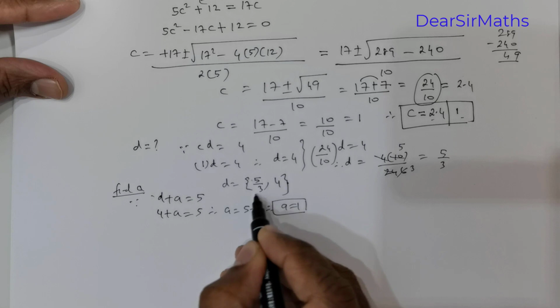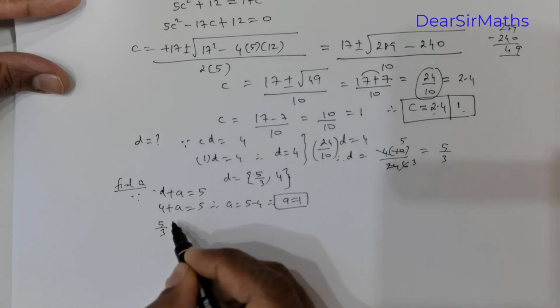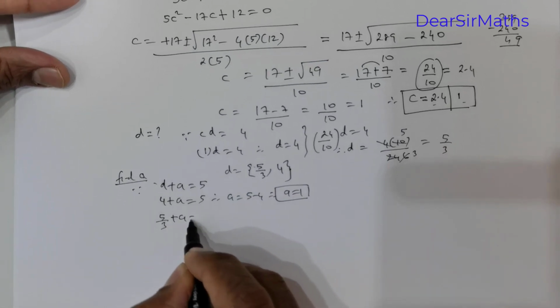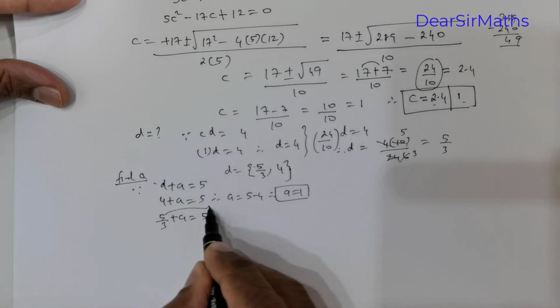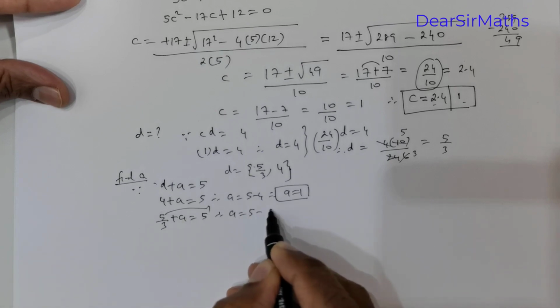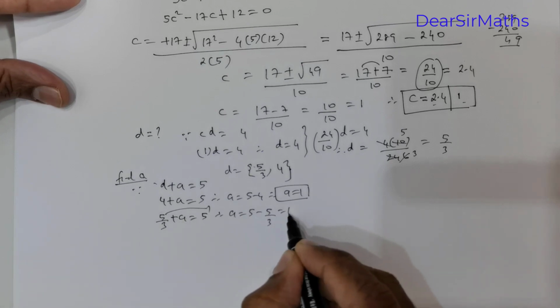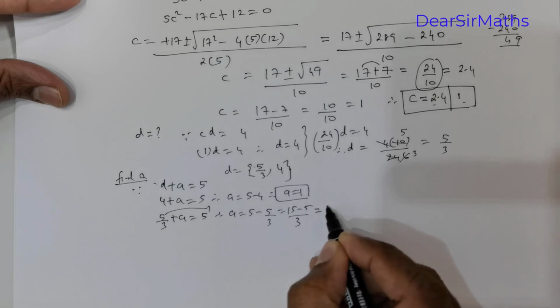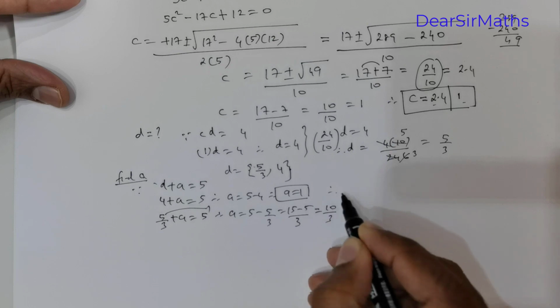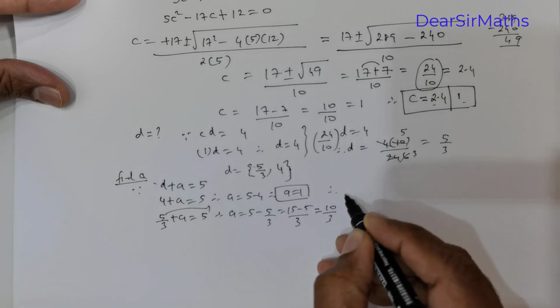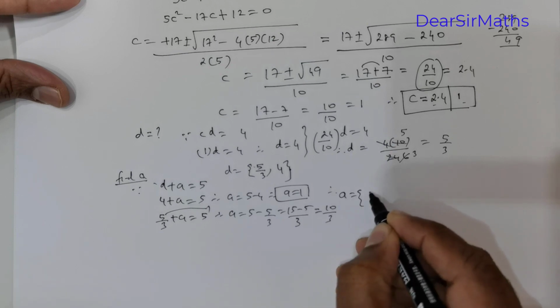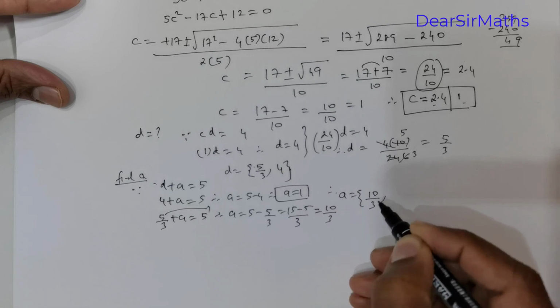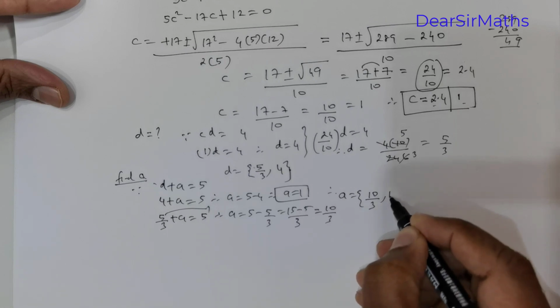Now if I were to use 5 over 3, 5 over 3 plus A is equal to 5. So therefore A is equal to 5 minus 5 over 3, which is nothing but 15 minus 5 over 3, which is nothing but 10 over 3. So therefore we got two sets of values for A. So A is 10 over 3 or 1.